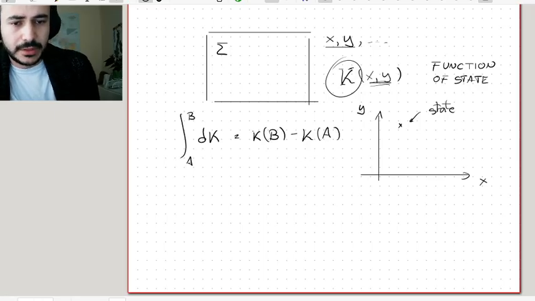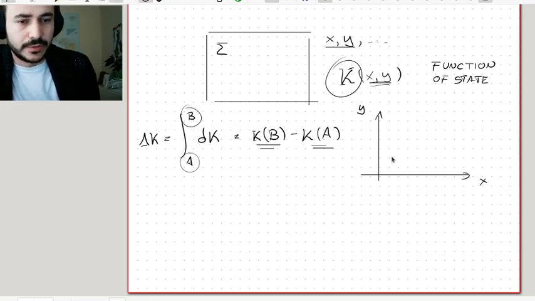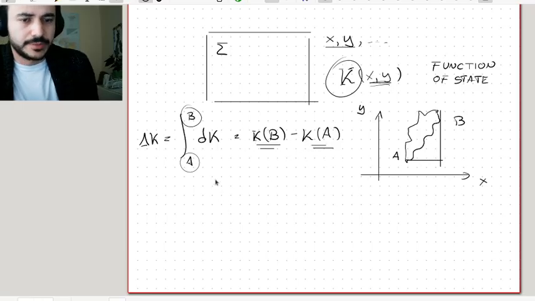Okay, so again, what I'm saying is that the change in this function of state between two different equilibrium states of the system is only given by the value of the function at the endpoints, but it's not given by which specific protocol or process you decide to follow when you go from A to B. So imagine A is here and B is there. Okay, so then it doesn't matter which path you choose to make that integral, you will always get the same result, which is k(b) minus k(a).